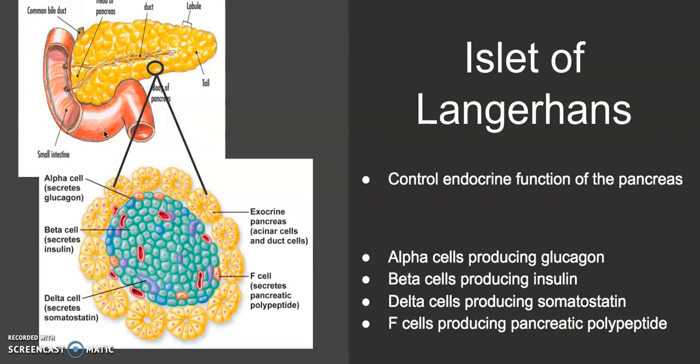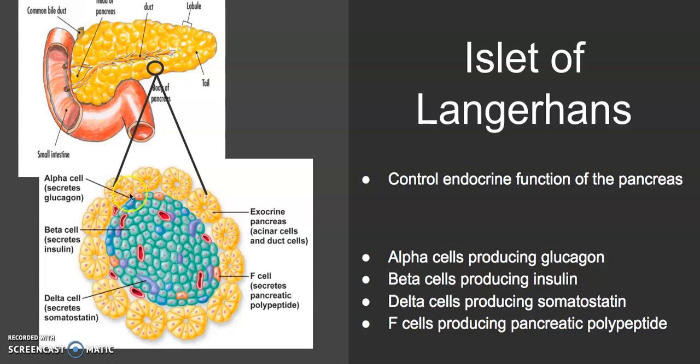So what hormones are we talking about? Let's zoom in to one of these little nodules on the pancreas, and these are called the islets of Langerhans. Surrounding the islets of Langerhans, we have these exocrine cells, and again, the exocrine pancreas is working with the small intestine, decreasing stomach acid, making sure that it's absorbing food correctly.